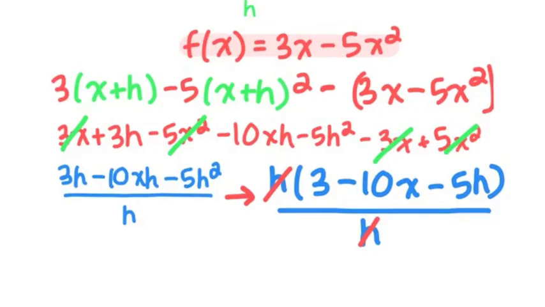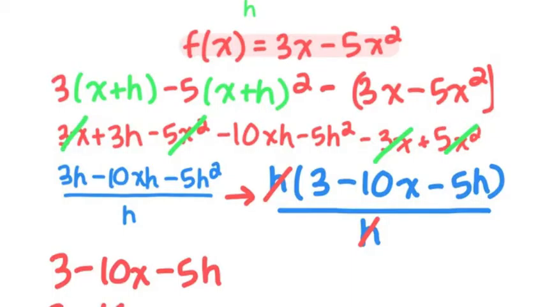Now we can see that we only have left the 3 minus 10x minus 5h. And because we know that the h is equal to 0, we can make this automatically 3 minus 10x minus 5 times 0.